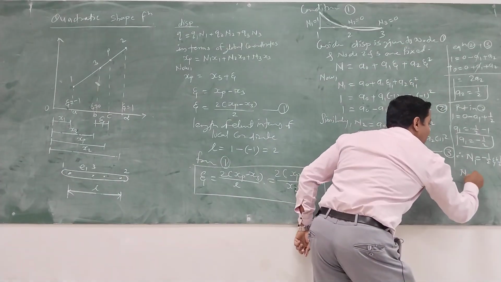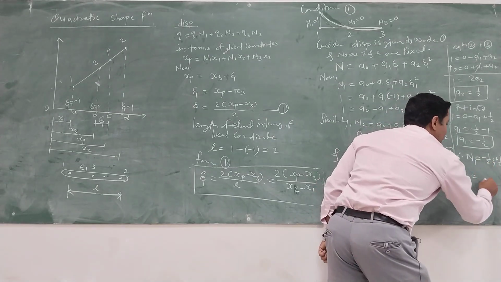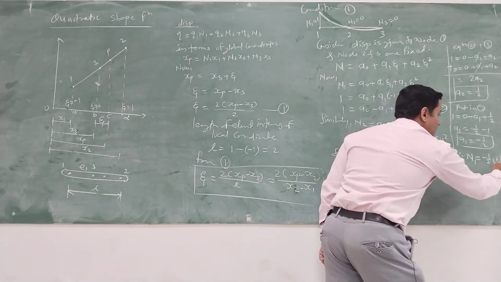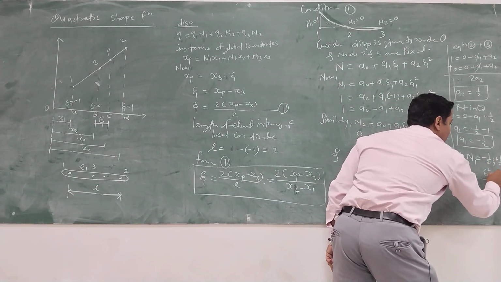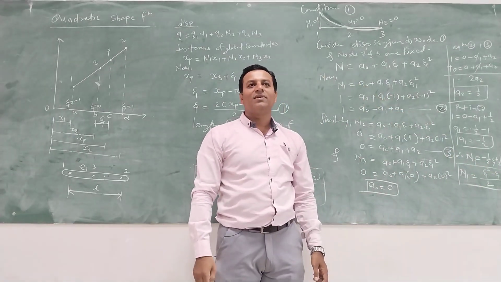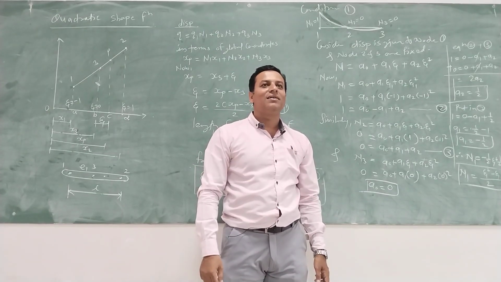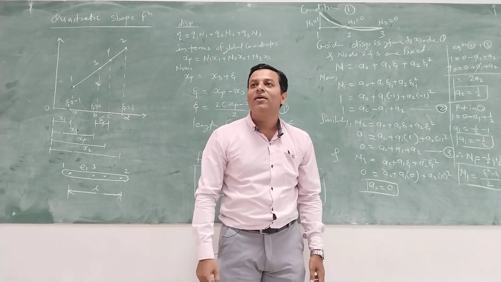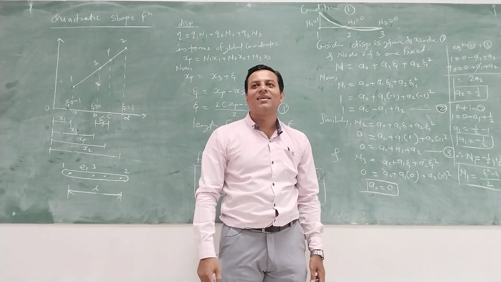So N1 will be equal to zeta square minus zeta divided by 2. So what did I get? The shape function for node 1.